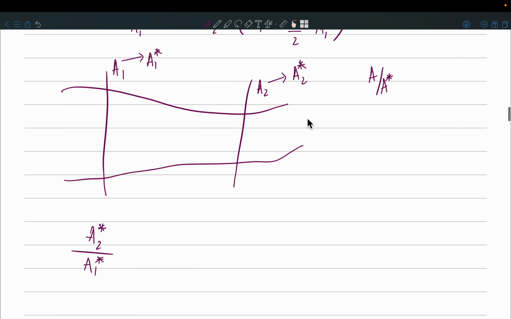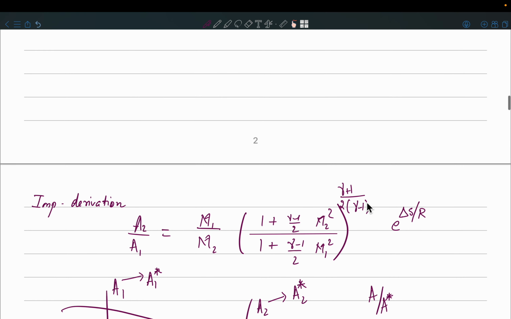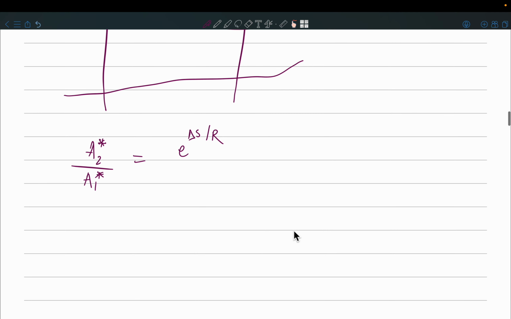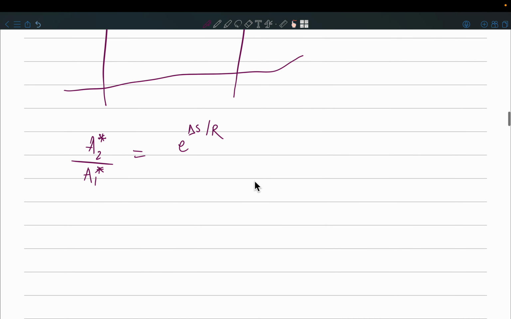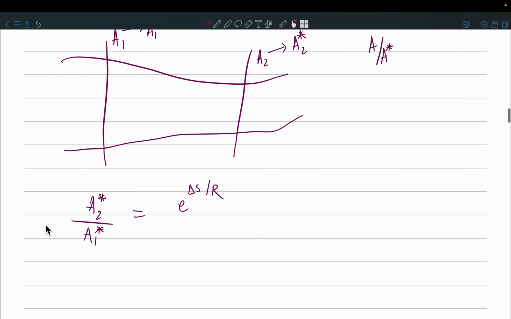When you evaluate that, you will get that A2 star by A1 star is equal to e power delta S by R, because all the other terms will just become 1, isn't it? Okay, so we have this equation. So what this means, if the entropy increases, then your A2 star will be more than A1 star.